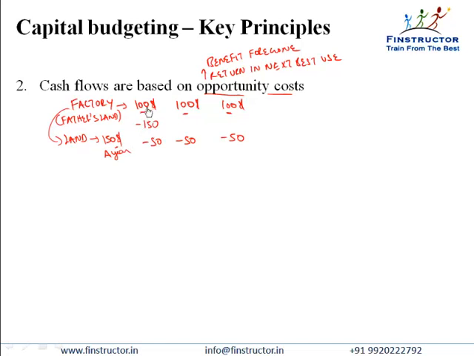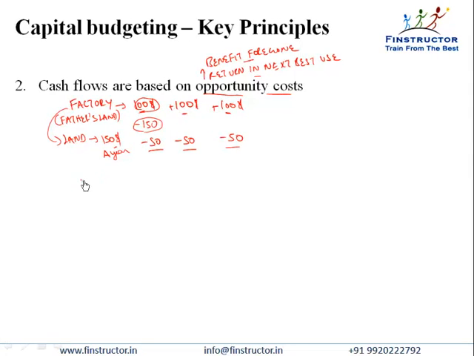Because I've started this factory and I'm getting $100, I'm foregoing $150. That is a benefit foregone. So cash flows should be based on opportunity costs. If there is a cost like this, then that must be deducted from the cash flows. That is, for the purpose of analysis, we will use the cash flows of minus $50 every year, not the positive 100 that the project actually is making.